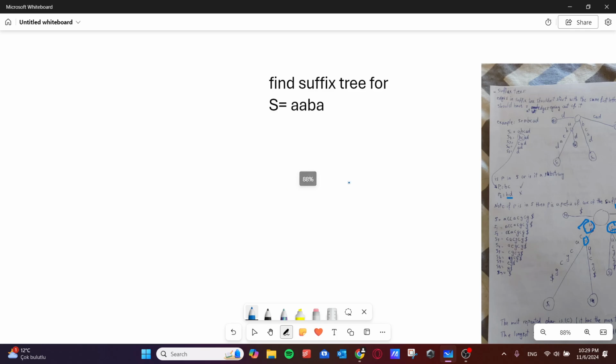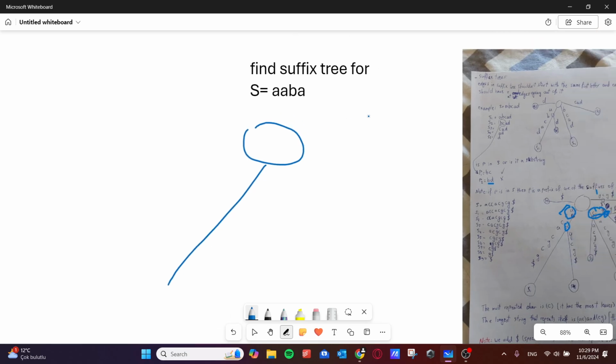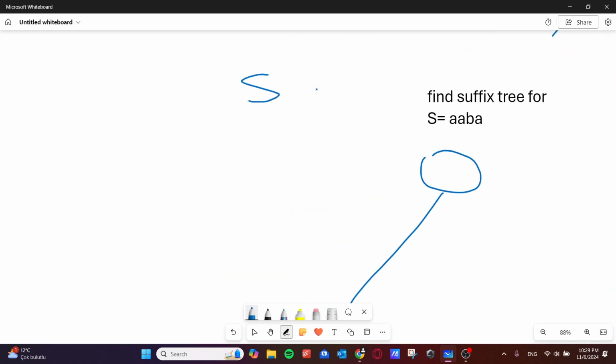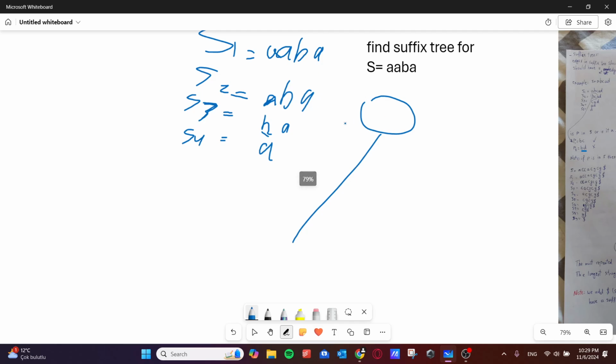Here, for this node, let's take this example. So what is the suffix tree for this? I'm starting again with drawing. We should always start with the suffixes, not the suffix tree. Here I delete the first character: A, B, A. Here B, A, and here A. So first of all, we have S1.